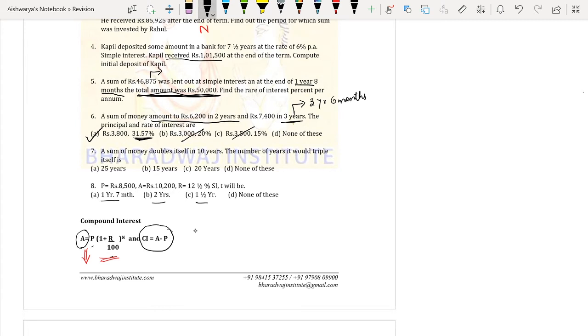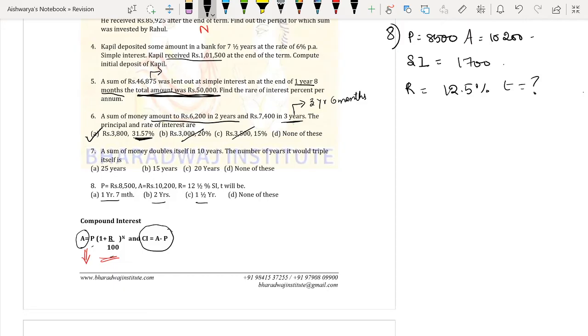Okay, so eighth question, principal is 8,500, amount is 10,200. So the difference between the two is your SI. 10,200 minus 8,500 will be 1,700. So your R will be 12.5%. T will be question mark. So just use the formula SI is equal to P N R by 100.